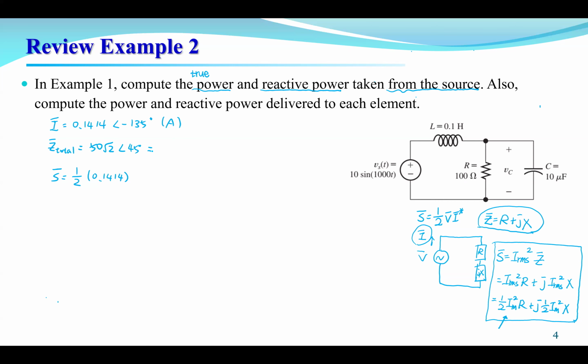So it is actually 50 plus 50J ohm. This is R, this is X. So we have 1 over 2 times 0.1414 times 50 plus J 50.